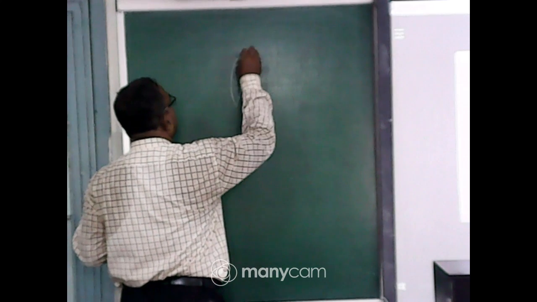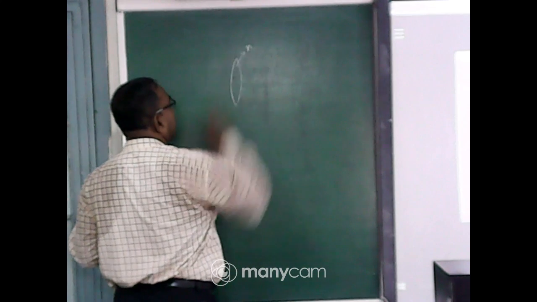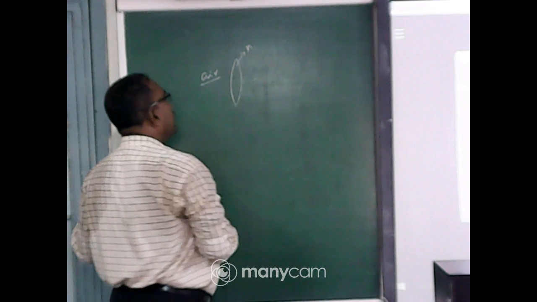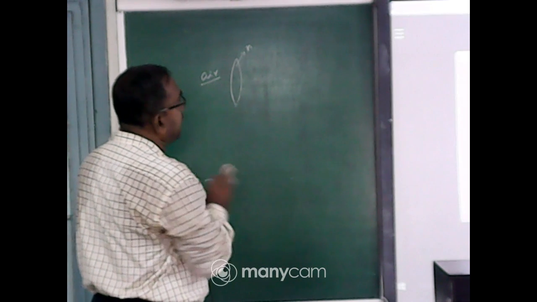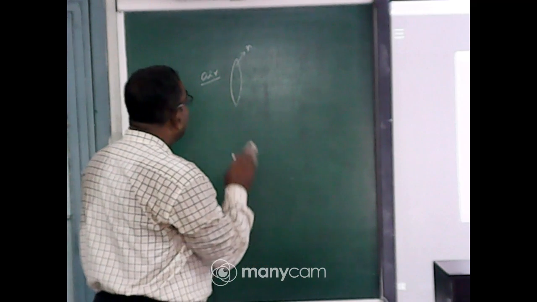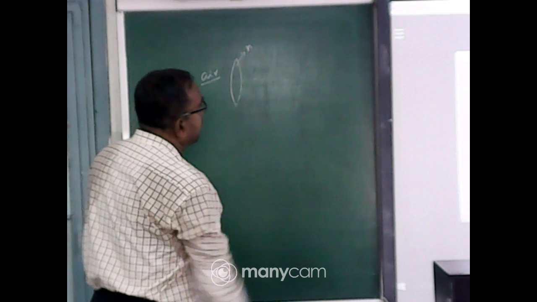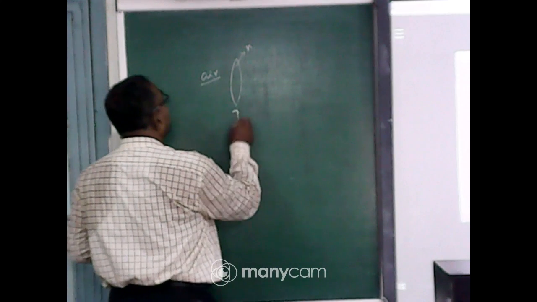The refractive index of that medium is N, and this is the air. So it behaves like a convex lens because the shape of the lens is convex and the surrounding medium is less dense than the medium of the convex lens. Am I clear? Because you know it, this is the glass.